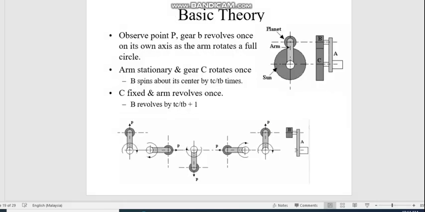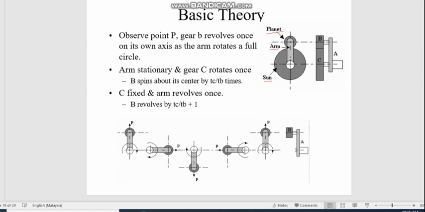So let's look at the basic theory of epicyclic gear system. Usually, a very basic epicyclic system will have these components. One is called planet. So planet will revolve around sun gear, and the planet gear is attached with an arm to the center of sun gear.